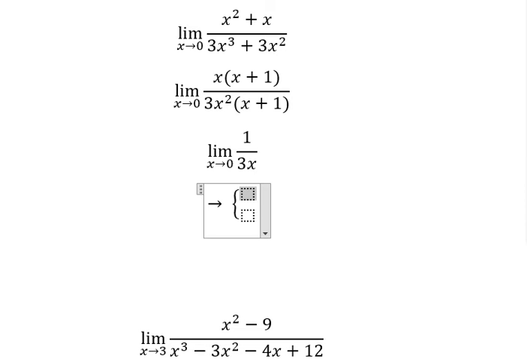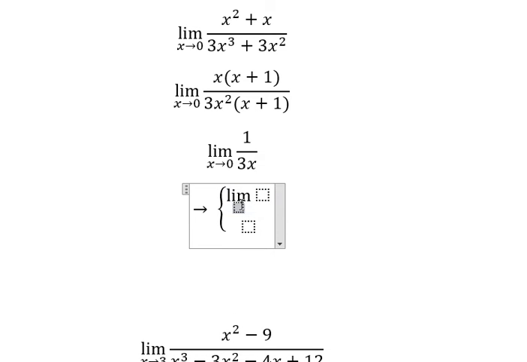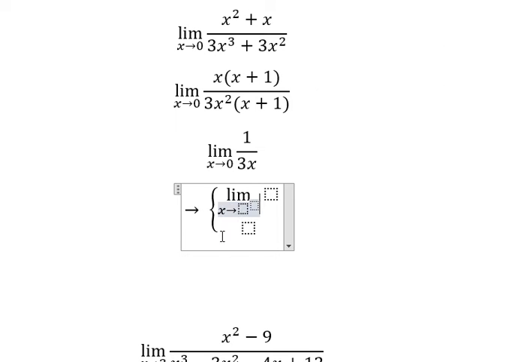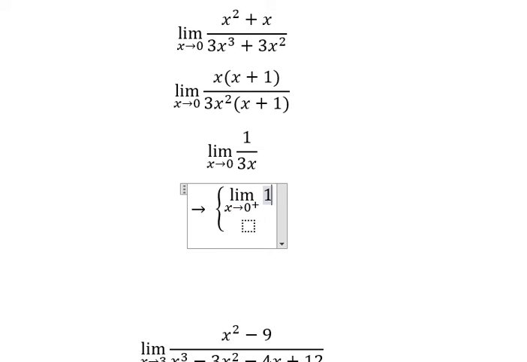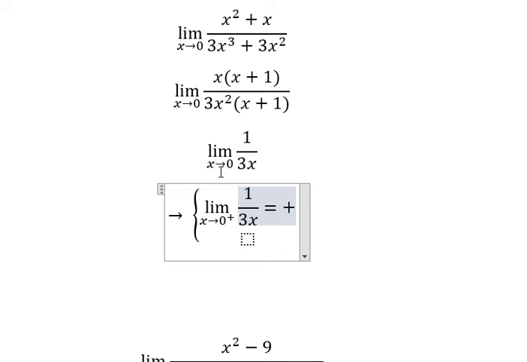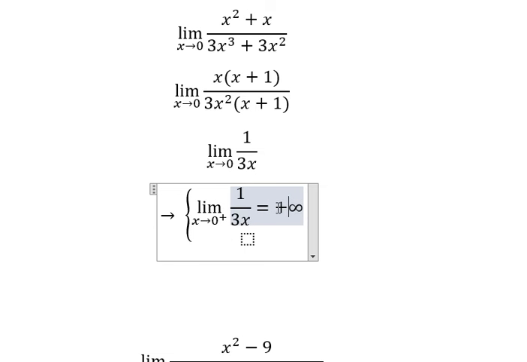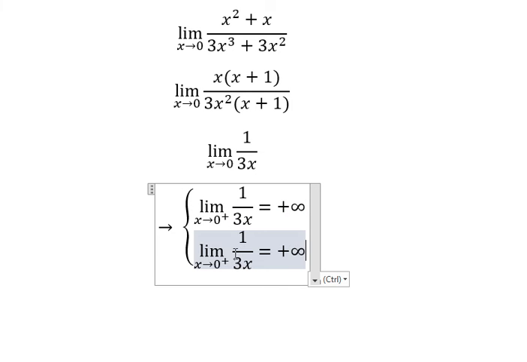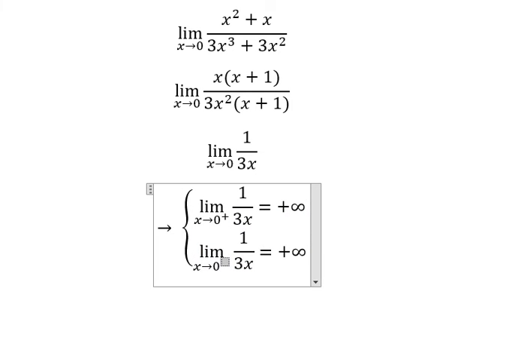So the first one, when x approaches 0 on the right, you will get positive infinity. On the left, you will get negative infinity.